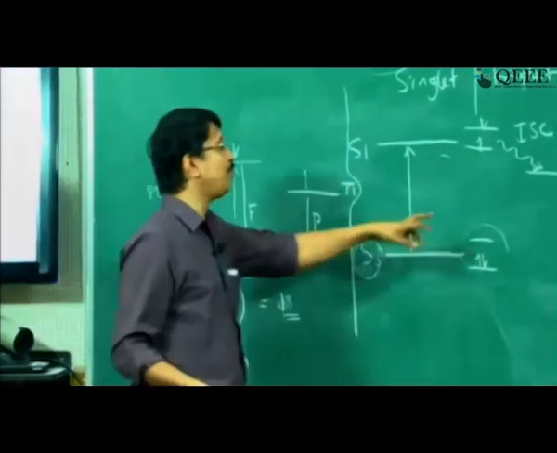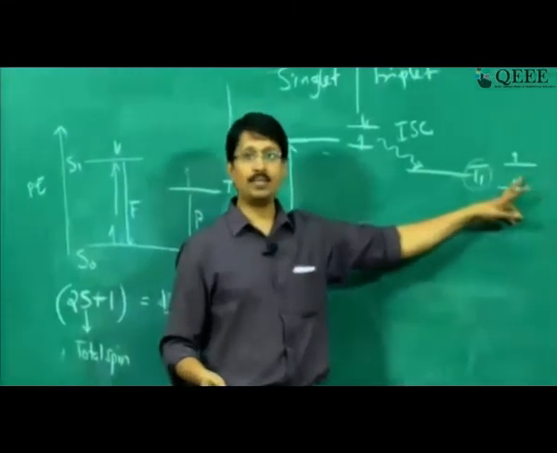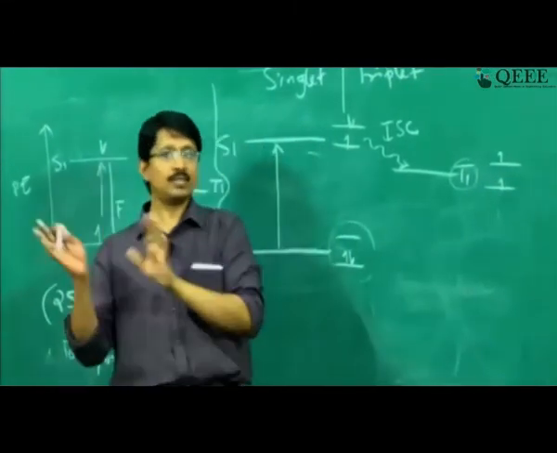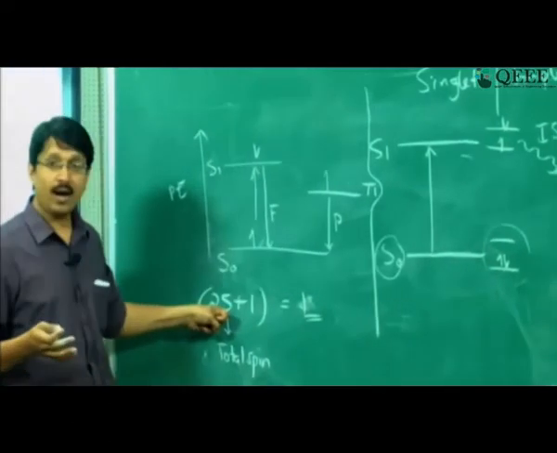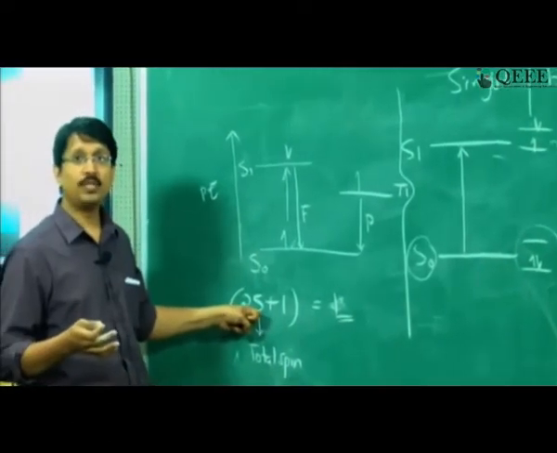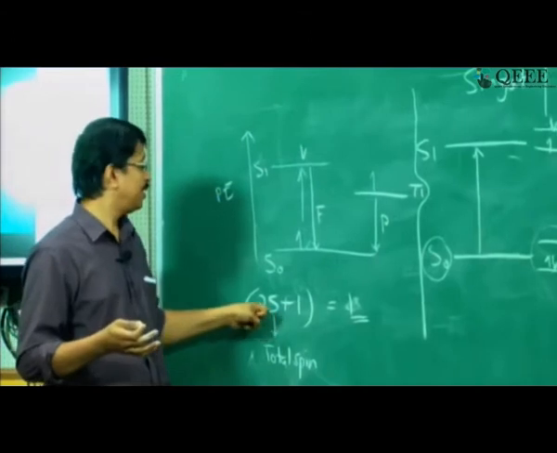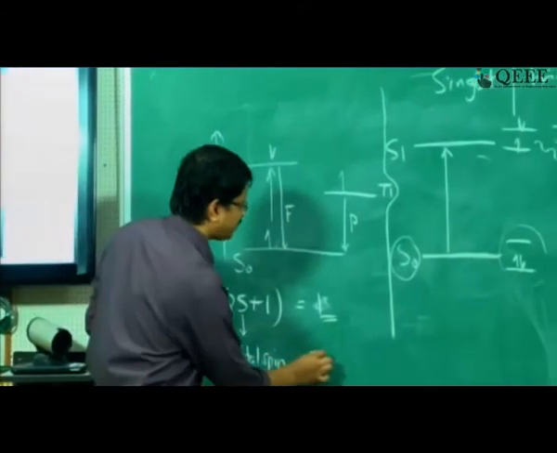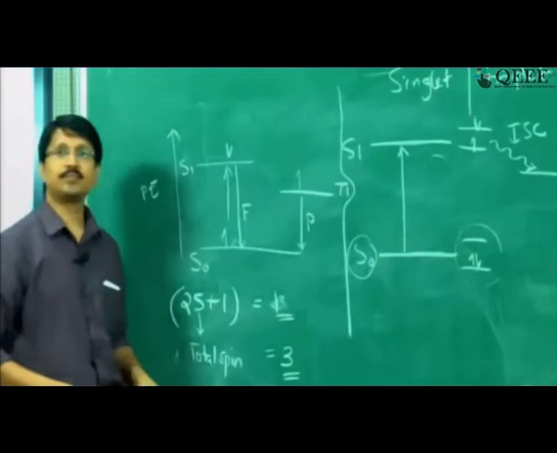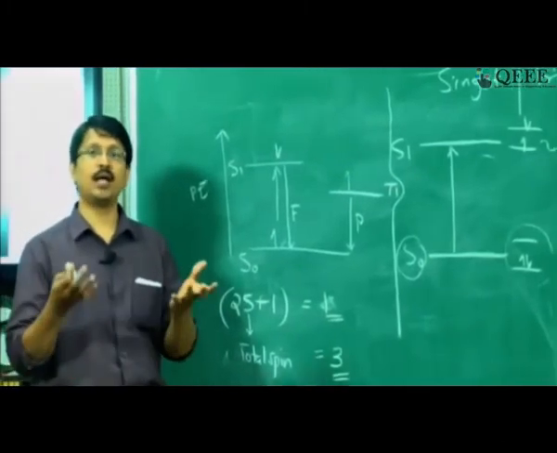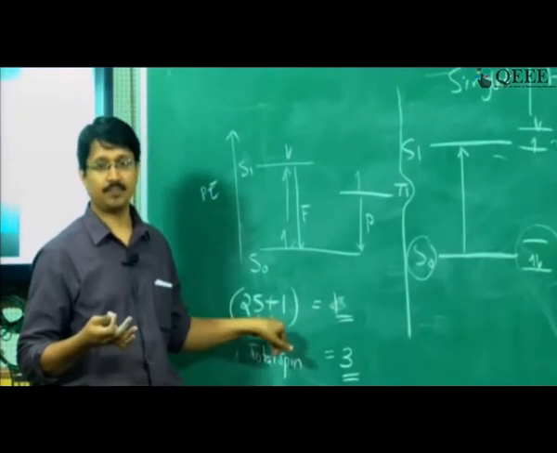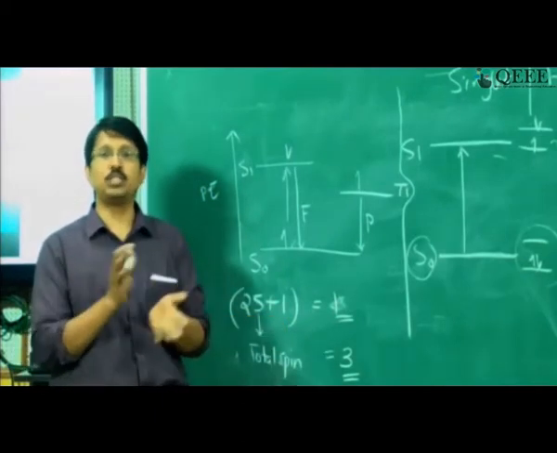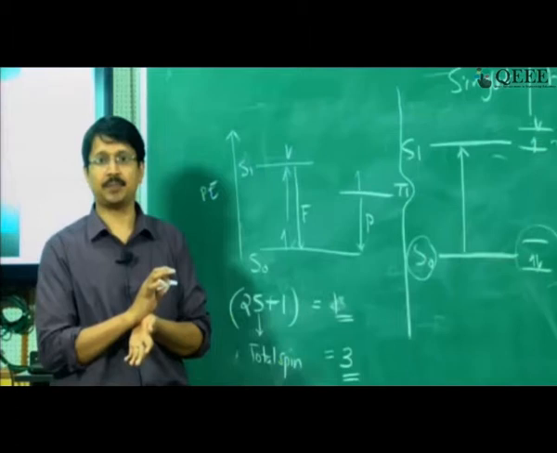Whereas in the case of triplets, now you can have a chance of plus half, right? So you can have a value of 1. If you put that 1 here, the answer is going to be 3 states, or 3 as the value of the spin multiplicity. 3 orientations of spin are possible, that is the physical meaning.